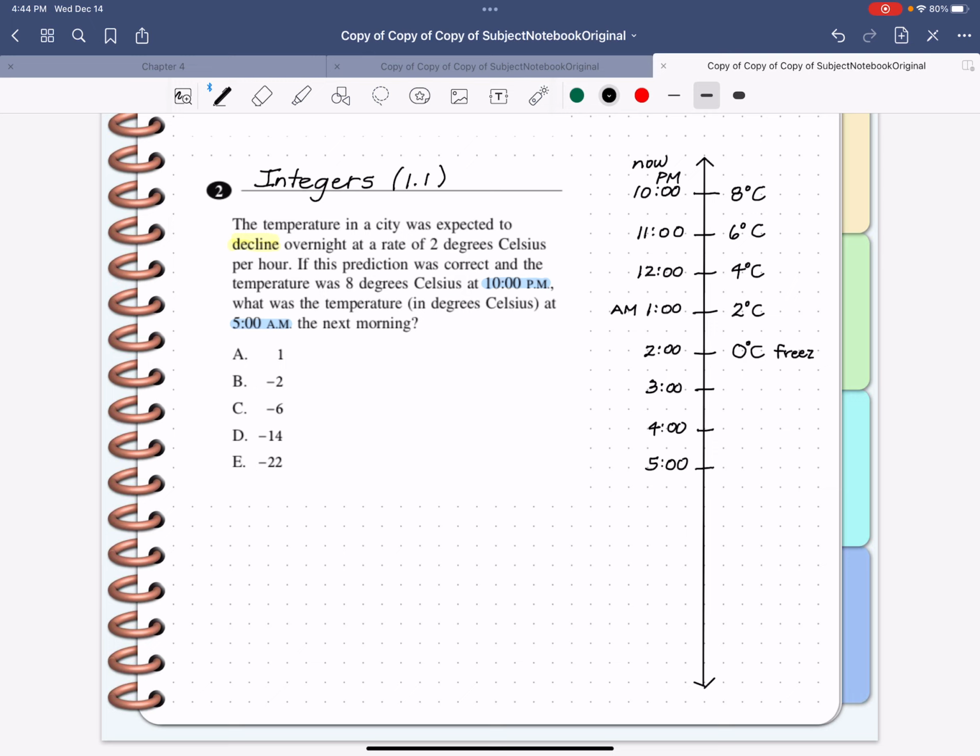That's just a little bit of science knowledge for you. And then -2, -4, -6 degrees. So at 5 o'clock a.m., the temperature is -6 degrees. So I like C for this one.